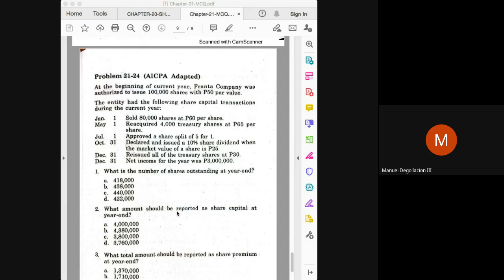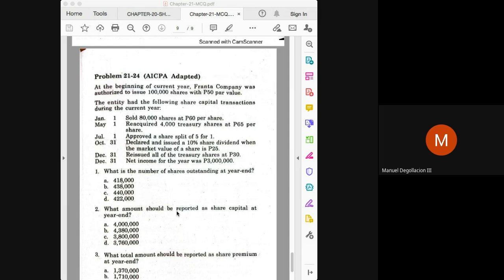The entry for October 31 is debit retained earnings 950,000, and then the par value now per share is just 10 because it was 50 before, and after the stock split it will be 50 divided by 5. Okay, so we will be issuing additional 38,000 shares multiplied by the par value of 10, 380.